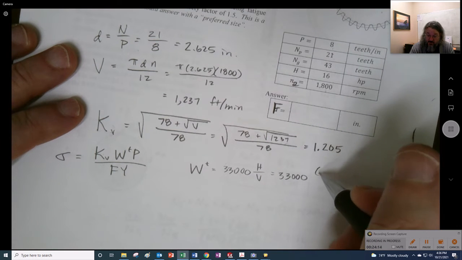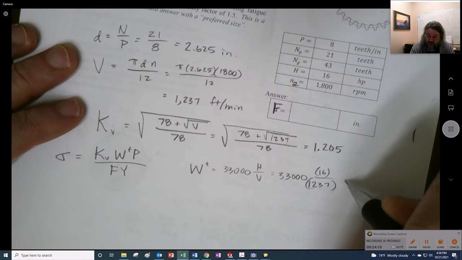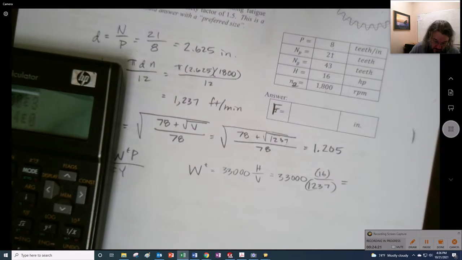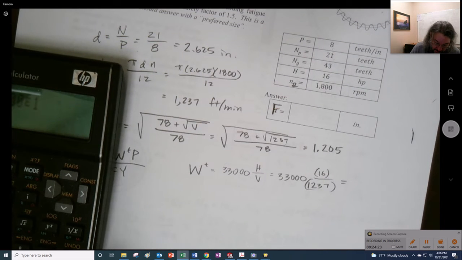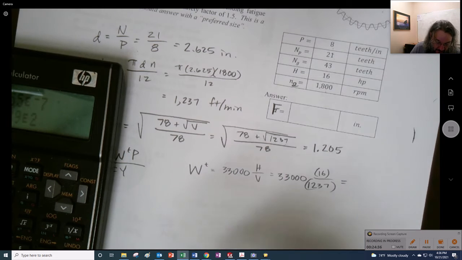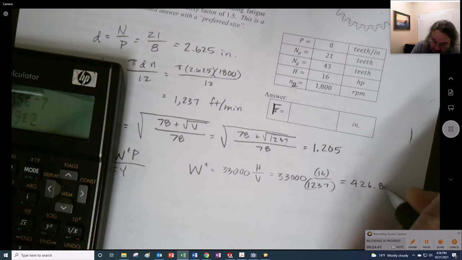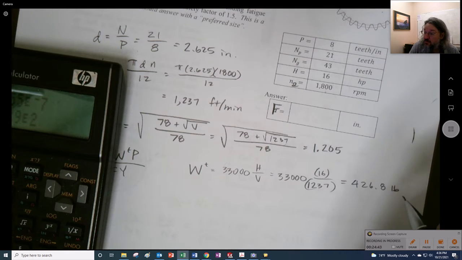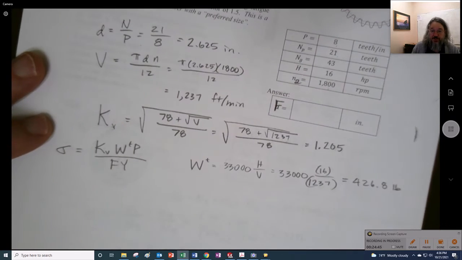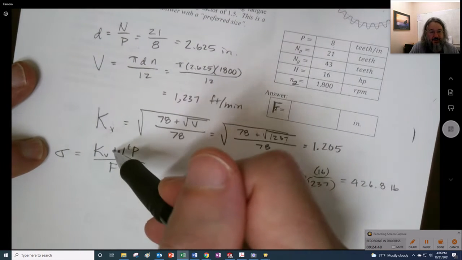My H, my power, is 16, and this was 1237. 16 times 1237 divided by 33,000. That sounds more like it. 426.8 pounds. How'd I do? Yep. All right, so I got that.